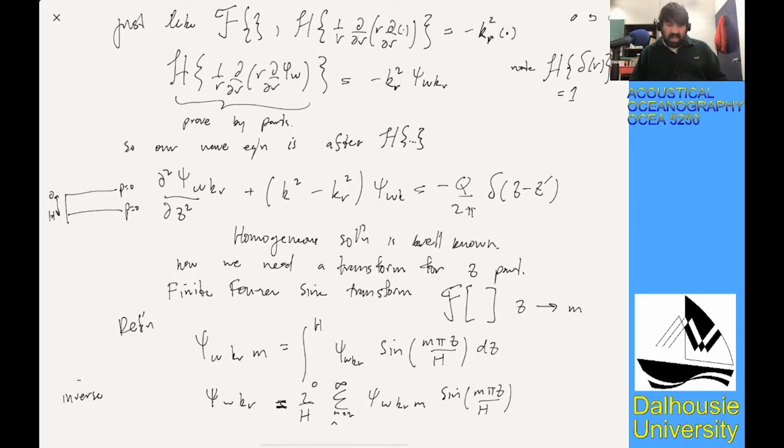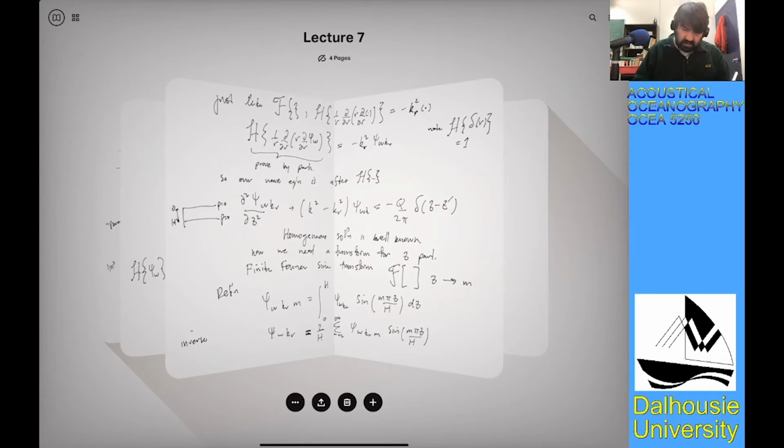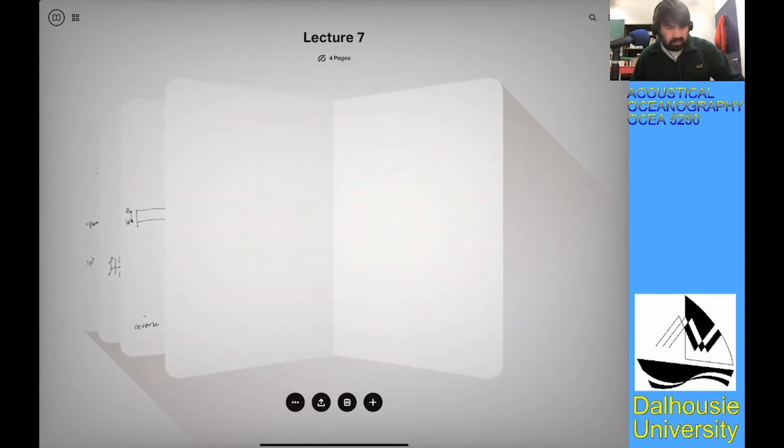But the question is, how does this act on that second order derivative? That's the whole thing we wanted to get from these. How does it act on d by dz squared?